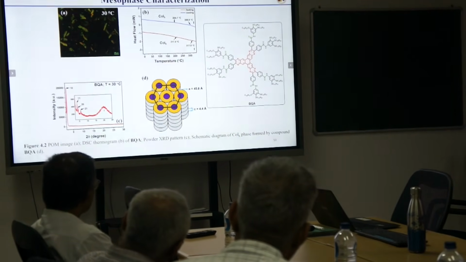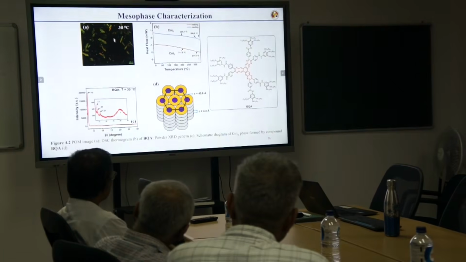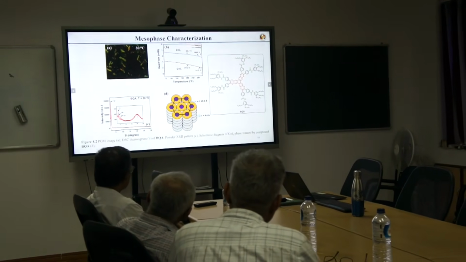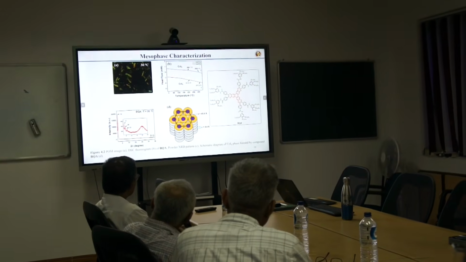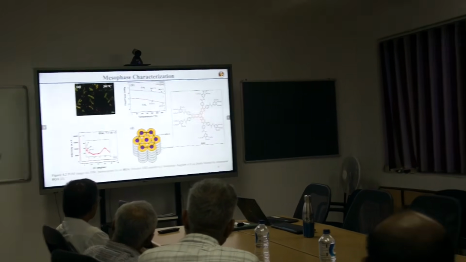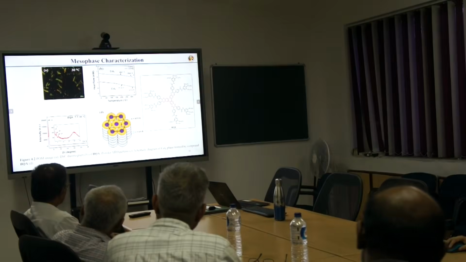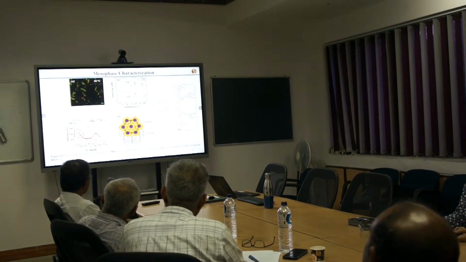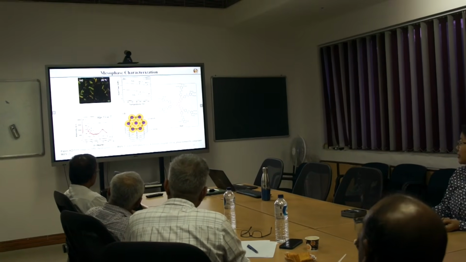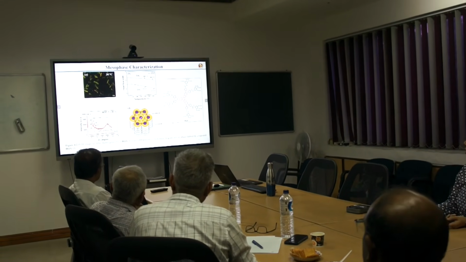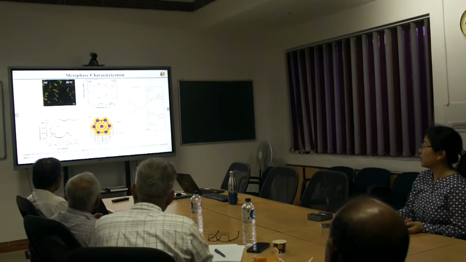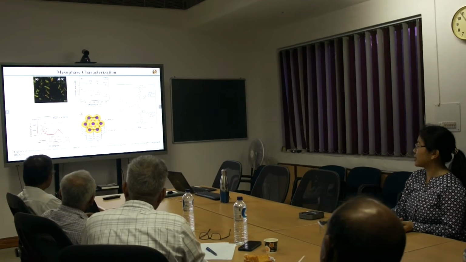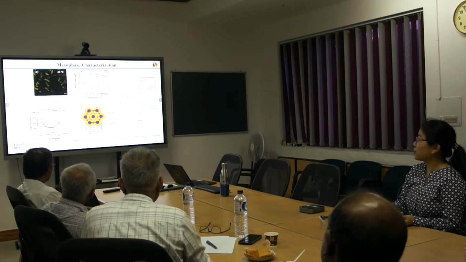And for the BQA molecule, this texture, and because of the amide bond, again it has a high clearing point around 317 degrees, and on cooling it transforms to the isotropic state. And this was confirmed with temperature dependent XRD. This is XRD at 30 degrees Celsius, which confirmed the columnar hexagonal mesophase of the compound with the lattice parameter 45.8 and core packing distance 4.4 angstrom.